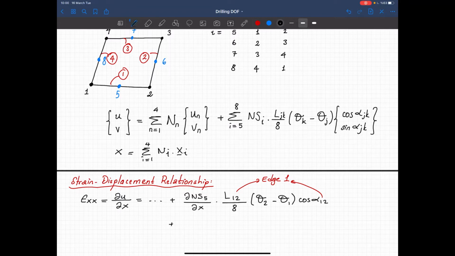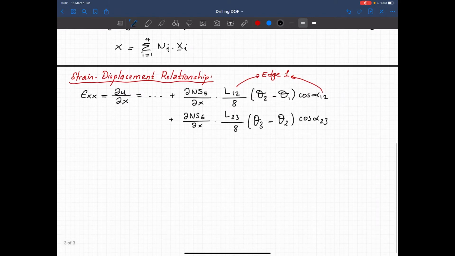Plus, we'll switch to the second edge: del NS6 divided by del x multiplied by L23 divided by 8, theta 3 minus theta 2, cosine alpha 23. This is for the second edge.